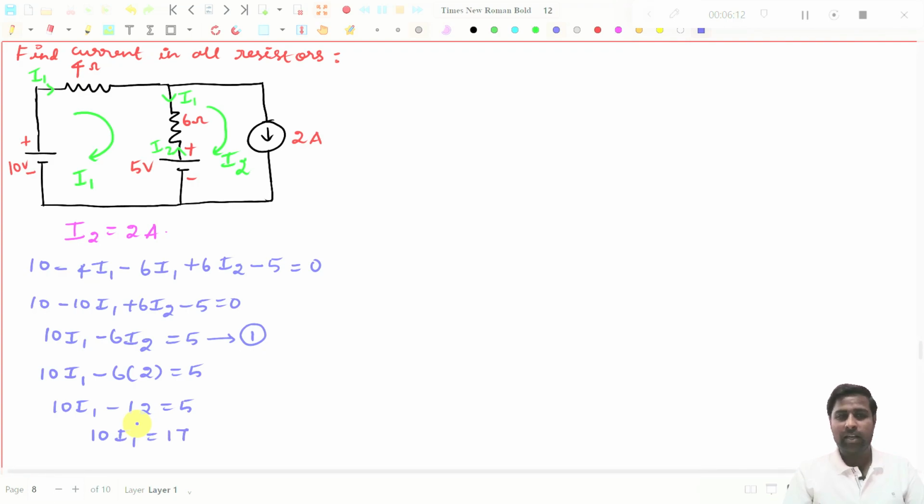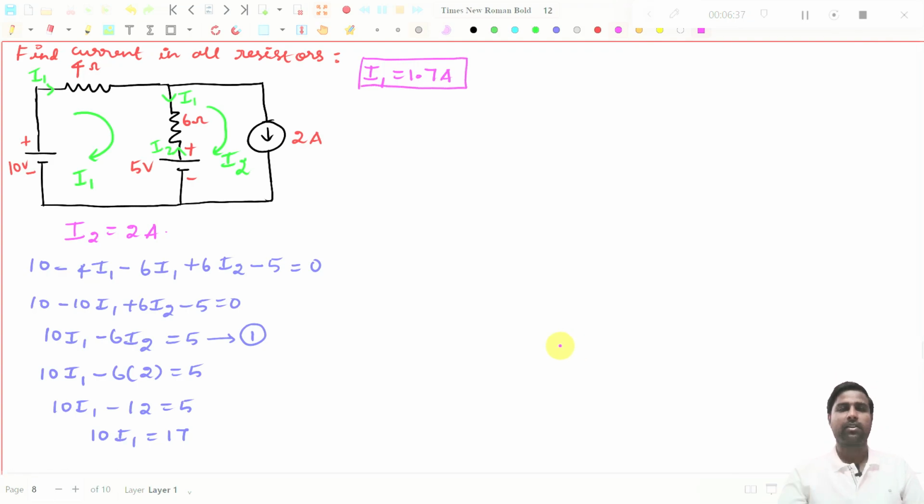If you simplify this, you will get I1 equal to 17 by 10, which is 1.7. So therefore, I1 will be equal to 1.7 amperes. That's all.